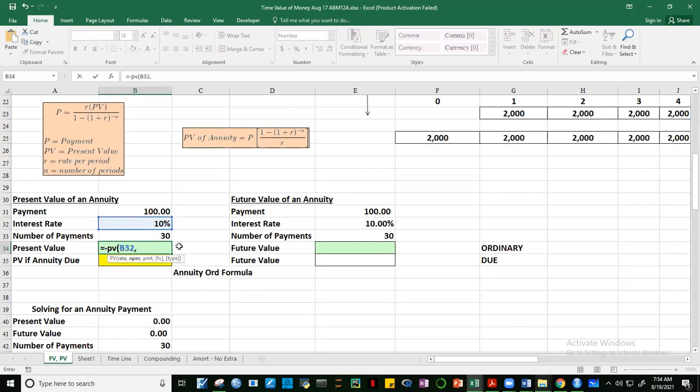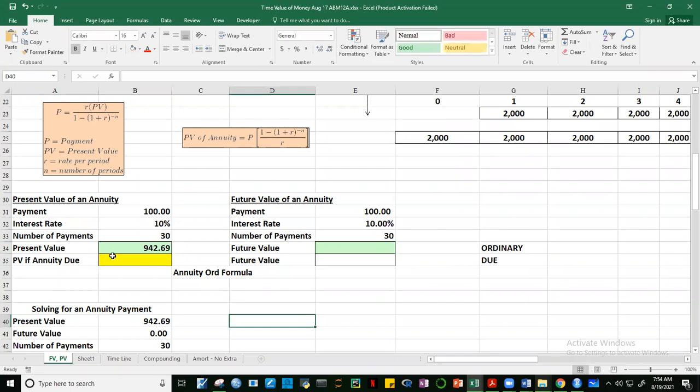Rate is 10%, NPER is 30, then annuity is 100. Okay? Linagyan ko lang guys ng pangalan na. Yung N is 30. Payment. Dapat hindi PV, nababaguhin ko na lang. Okay. So that's 942.69.